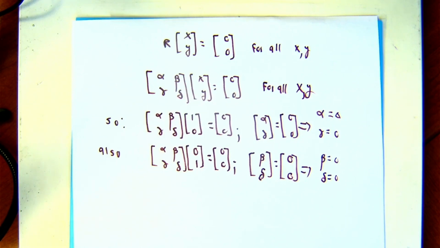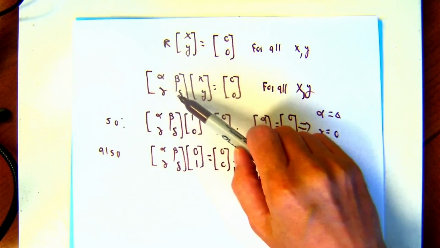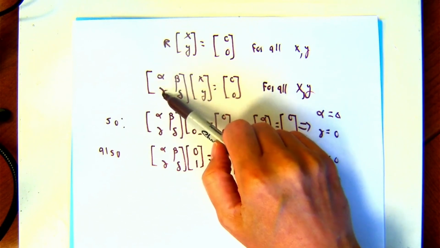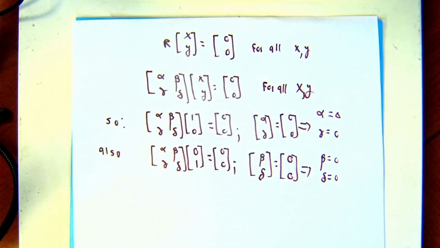Making an exactly similar argument using 0, 1 for the xy, it turns out that beta must be 0, also delta must be 0. So R, which is alpha, beta, gamma, delta, works out to be 0, 0, 0, 0. All of the numbers in the R matrix are 0.